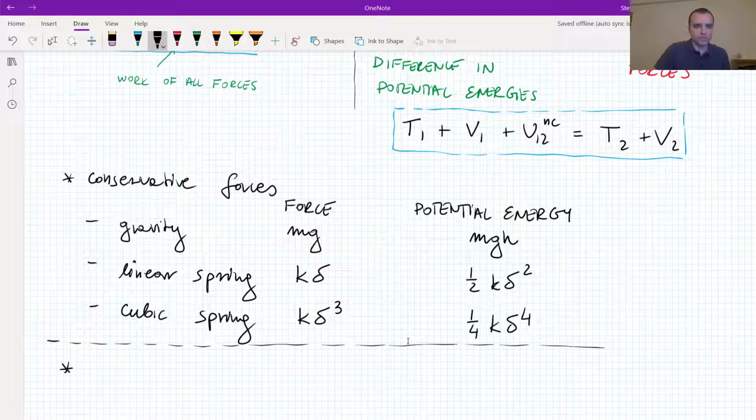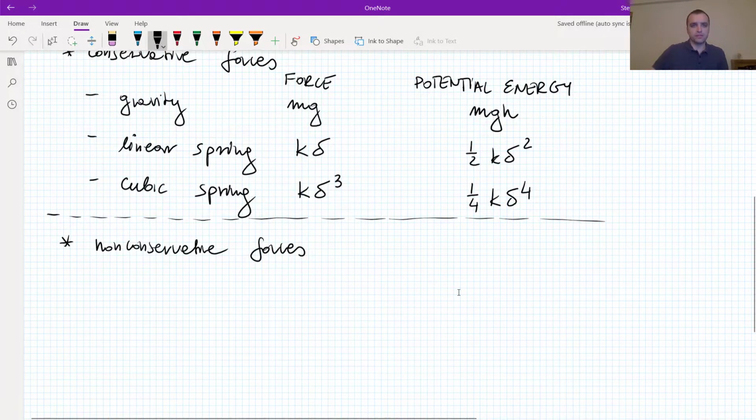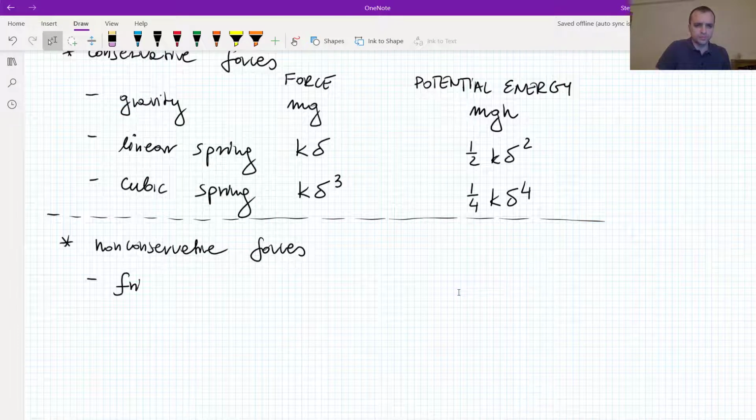When it comes to non-conservative forces, I believe that the first thing that comes to your mind is friction, kinetic friction.